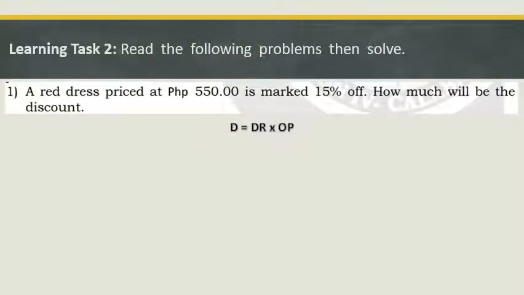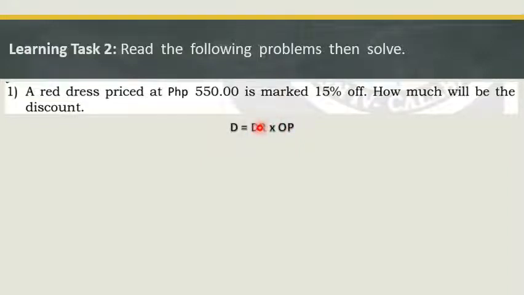So, para naman sa learning task 2, let us read the following problems, then solve. So, yung number 1 natin, a red dress, priced at 550 pesos, is marked 15% off. How much will be the discount? So, ang hinahanap is discount. Ang formula natin for discount is discount rate times original price.